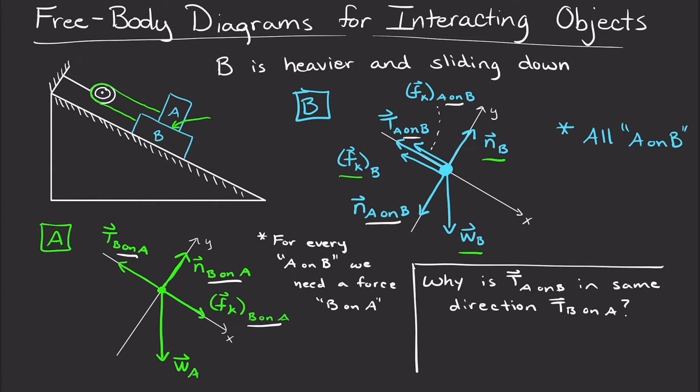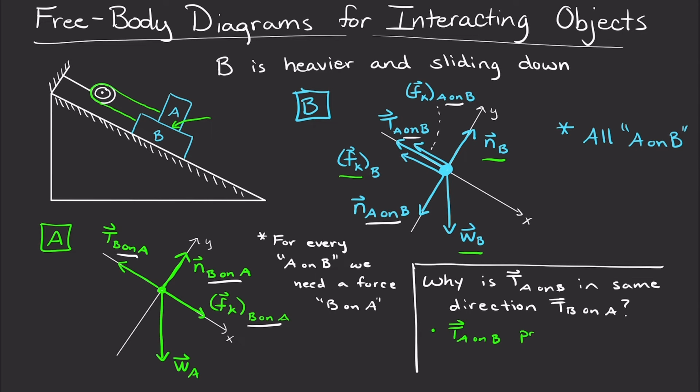So N B on A from this free body diagram is going up, while N A on B is going down. Likewise for the friction force. Well, the tensions are both going up the ramp. But this is because, if you think about it, this tension is being redirected by this pulley, so that changes things.